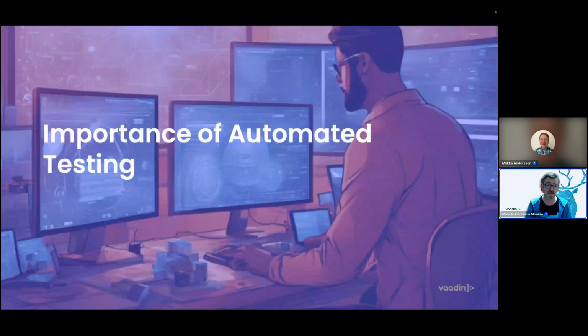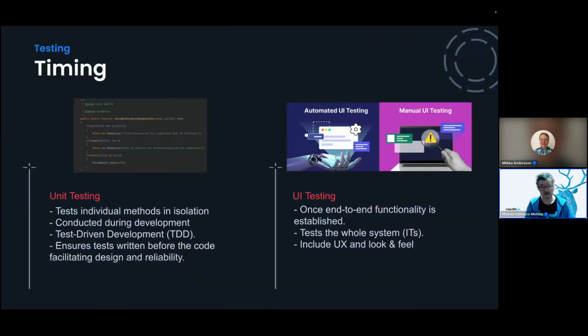So next, let's talk about the importance of automated testing. Basically, we have two kinds of testing. One is unit testing, and the other is integration testing. Unit testing is done during the development phase in order to check that a small part of our code works correctly. And there is test-driven development, which helps in writing reliable, good software, if you already do that.